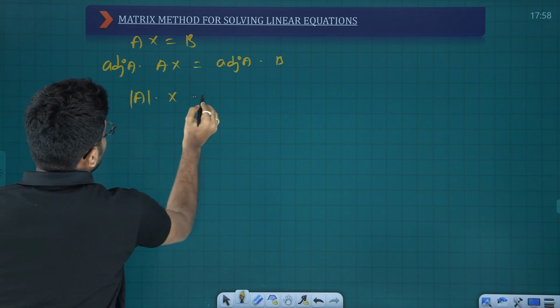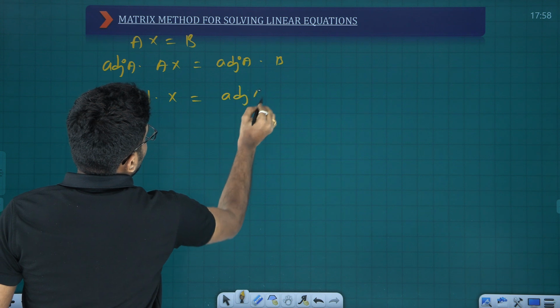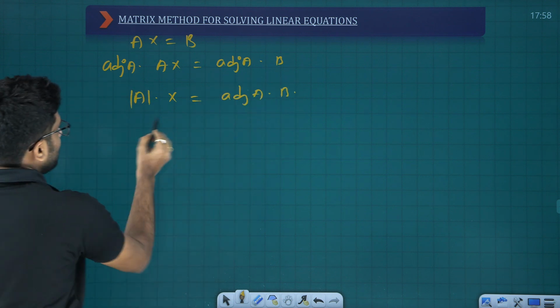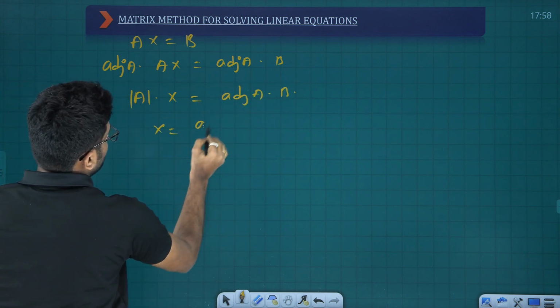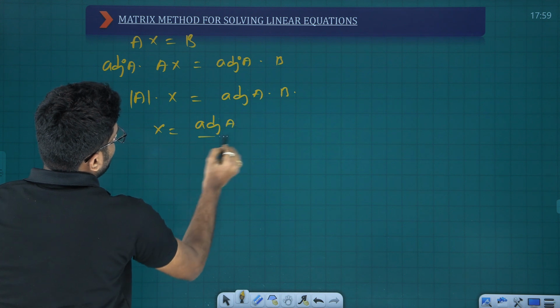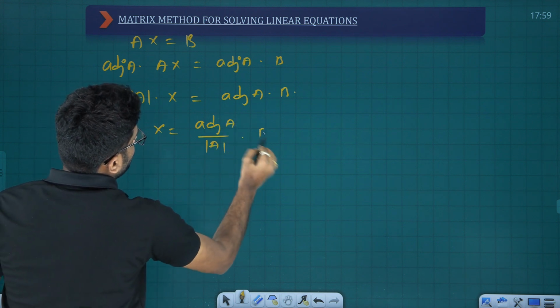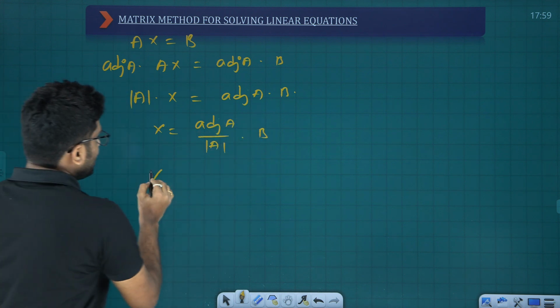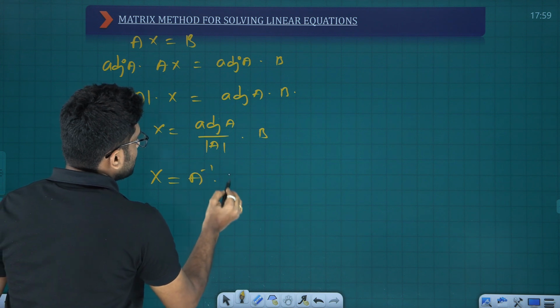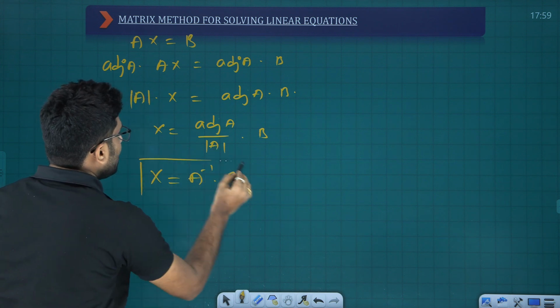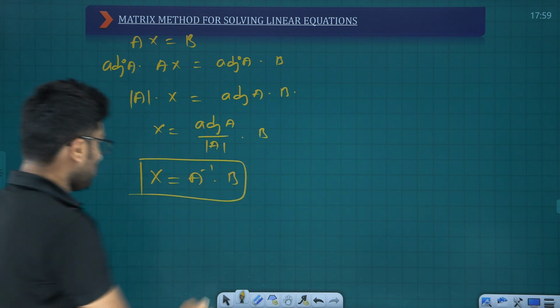Now det A into X is equal to adjoint A into B. Clear? So we have got X is equal to adjoint A divided by det A into B. Clear? That means X is equal to A inverse into B. This is only when det A is non-zero.